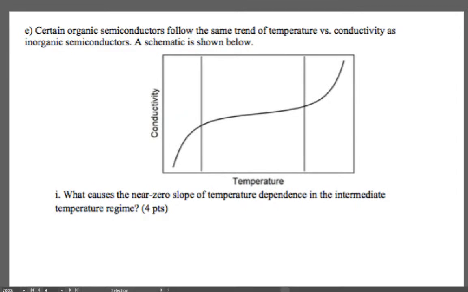Certain organic semiconductors follow the same trend of temperature versus conductivity as inorganic semiconductors. A schematic is shown below. What caused the near zero slope of temperature dependence in the intermediate temperature regime? It is because of the doping, which makes it a constant conductivity, because of the acceptor level, so that the electrons at the top will just flow.